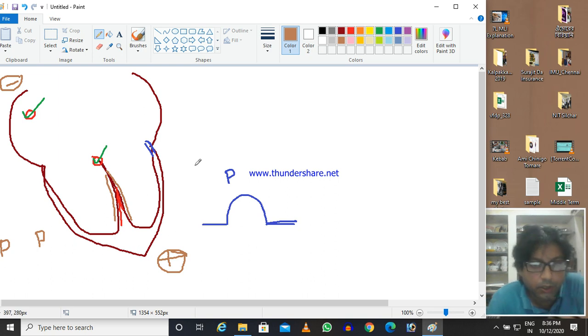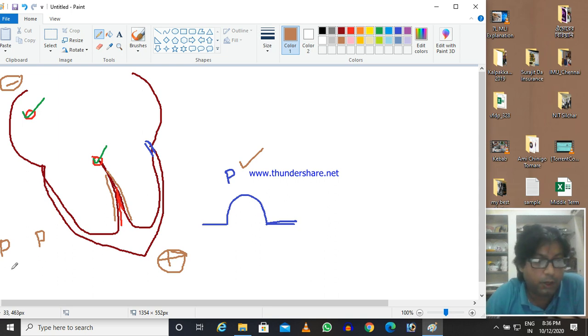So in the case of the P wave, which is the depolarization of the atrial tissue, depolarization is a positive wave travelling towards the positive electrode, so it generates a positive deflection.